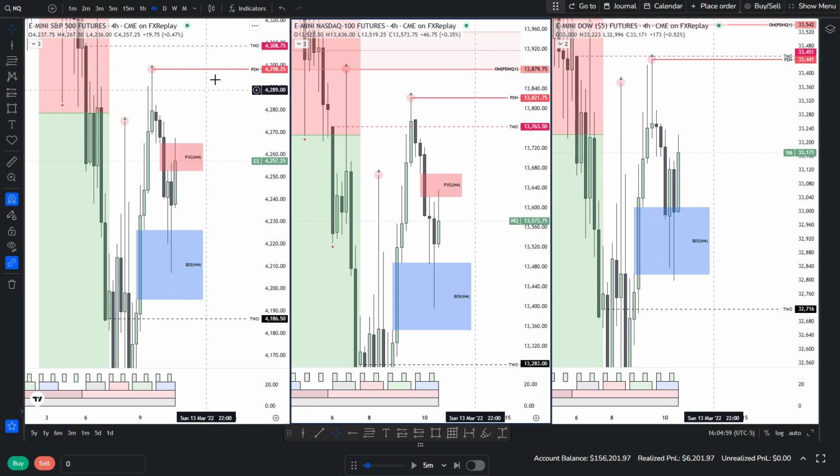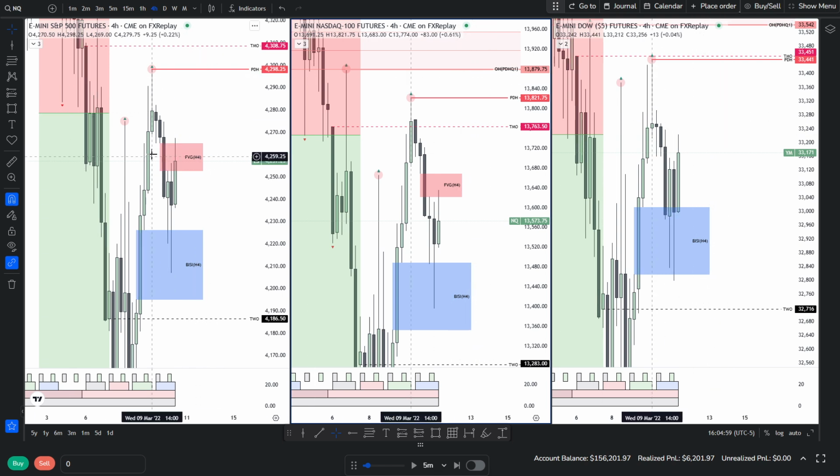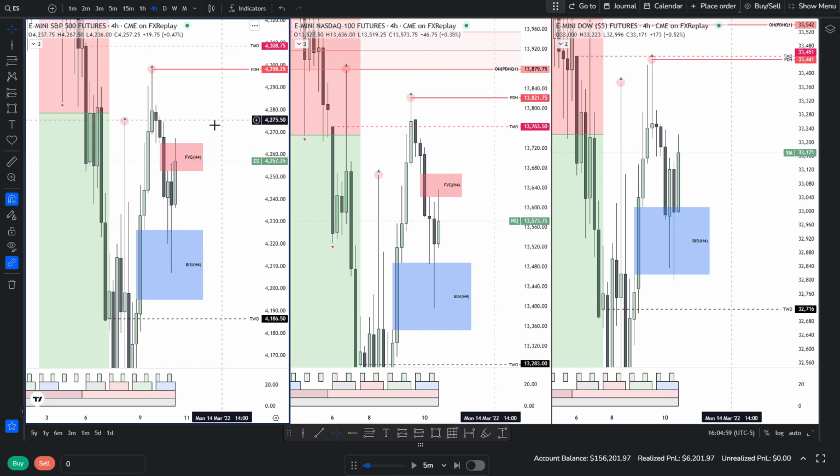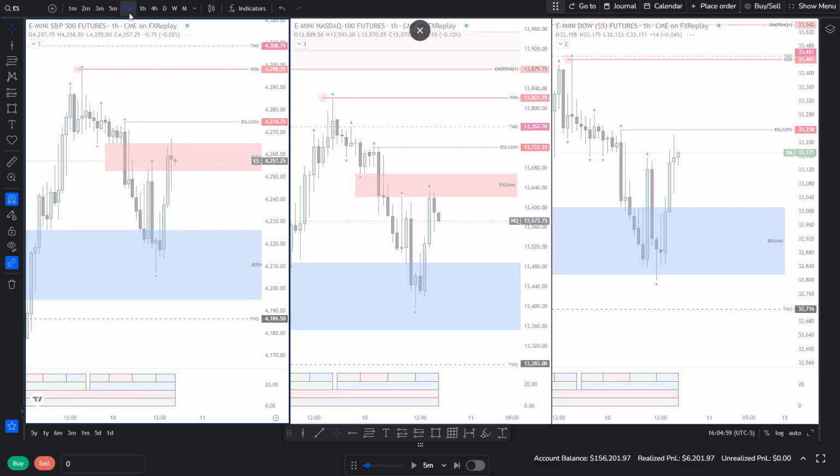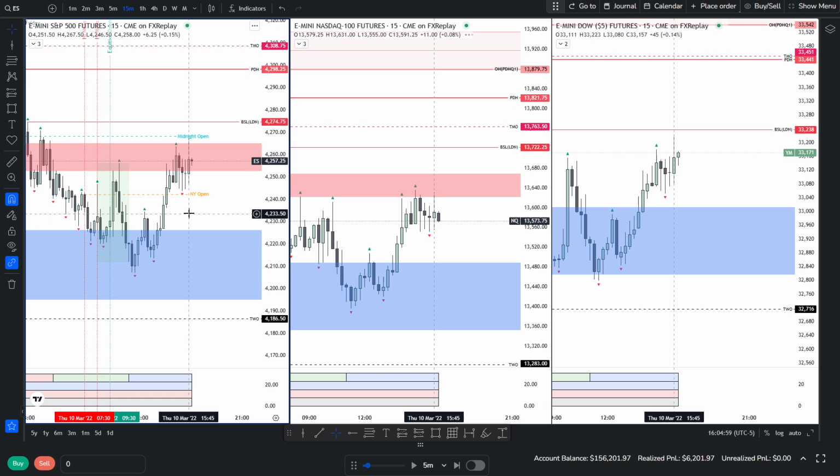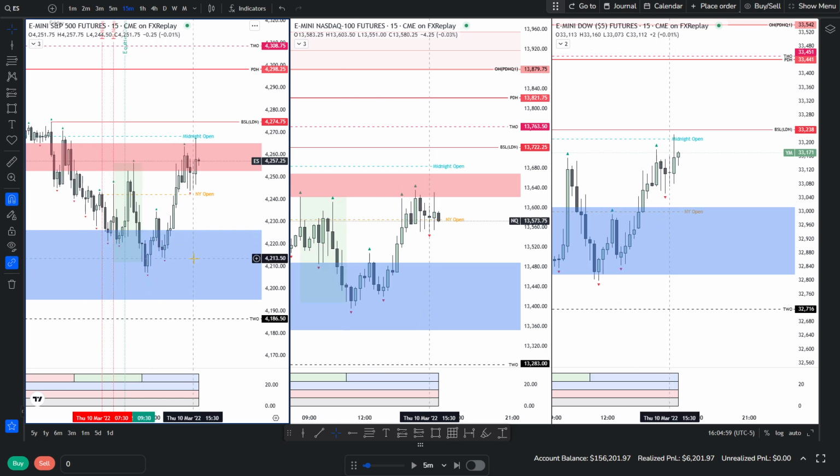So currently, as we can see, price is bouncing between two fair value gaps, which is not ideal. Yeah, absolutely not ideal. Appears to have found support at the bullish fair value gap and potentially violate the bearish fair value gap.